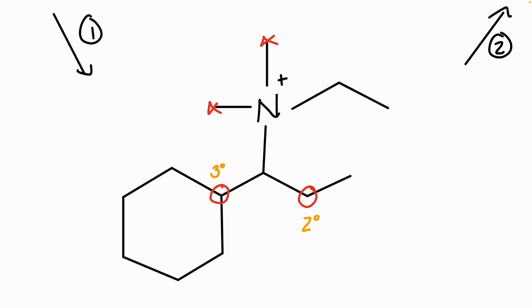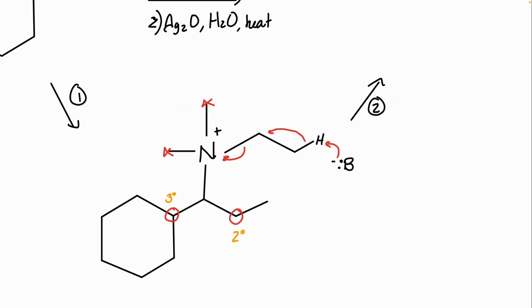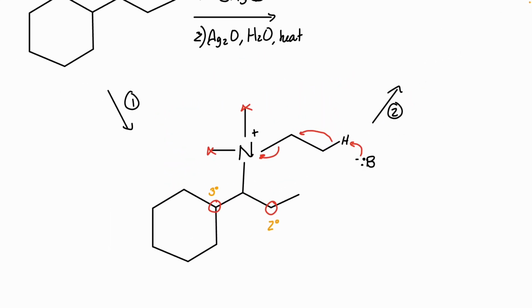All right, so to be clear, here's my hydrogen. When this base comes along and grabs it, it's going to kick off that leaving group. So my alkene here will actually just be this small 2-carbon ethene, ethylene, no, ethene, sorry.